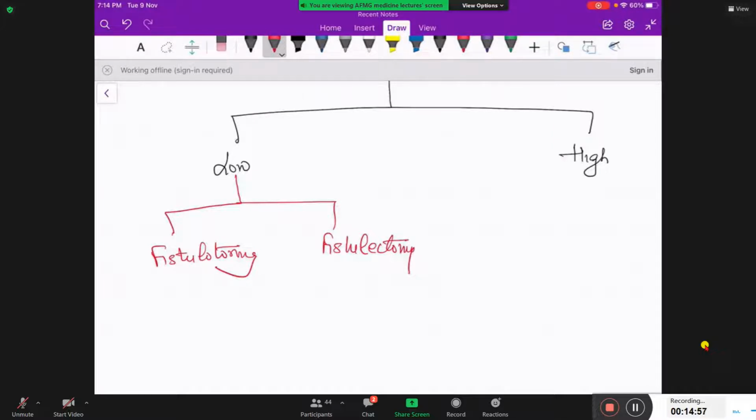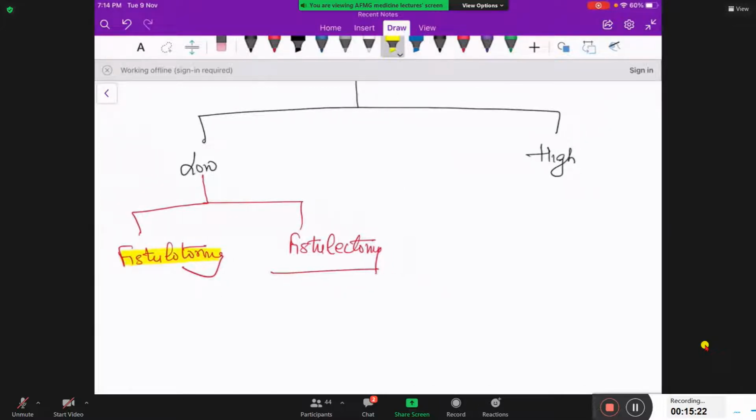If it is applied on a hollow thing, it is opening that hollow thing and then closing it. If it is applied on a solid thing, it is dividing it. So fistulotomy means dividing the fistula. And what is fistulectomy? Removal. Out of fistulotomy and fistulectomy, as per the latest, preferred is fistulotomy.